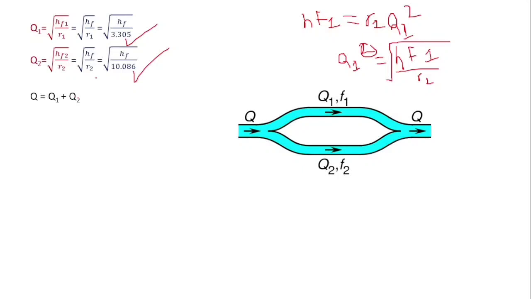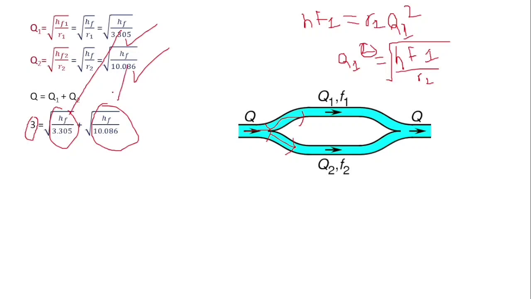In parallel pipe, this discharge Q is divided into two discharges Q1 and Q2, so Q equals Q1 plus Q2. The value of Q is 3 given in question, and this is taken from here, and this is taken from here.